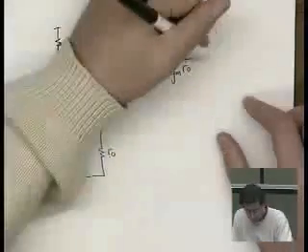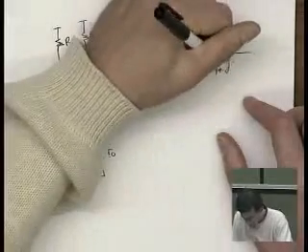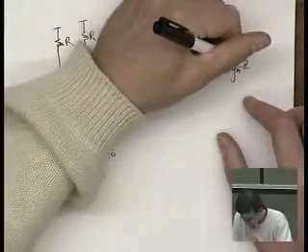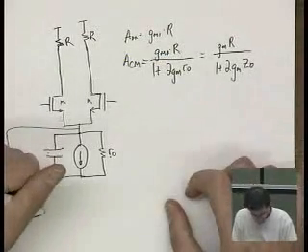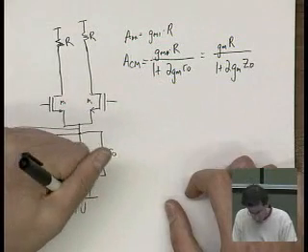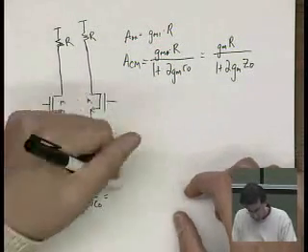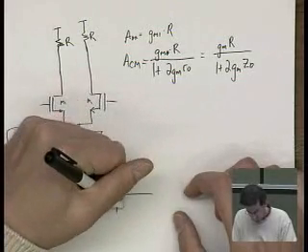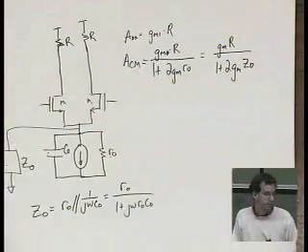And so what you end up getting is equal GMR over 1 plus 2 GM Z0. And Z0 is equal to R0 parallel 1 over J omega, let's call this C0, C0, which is equal to R0 over 1 plus J omega R0 C0. Okay?